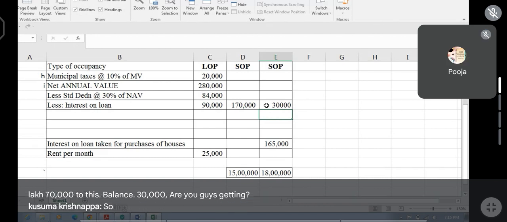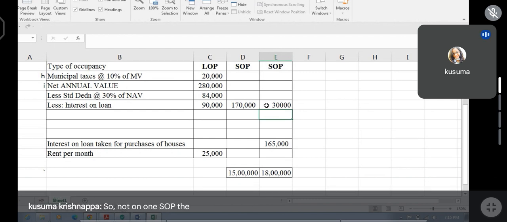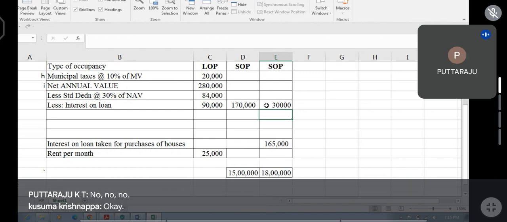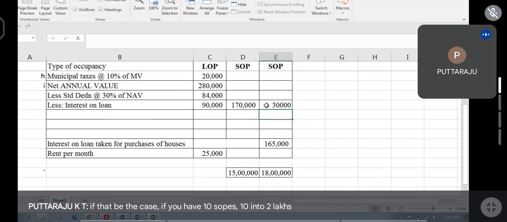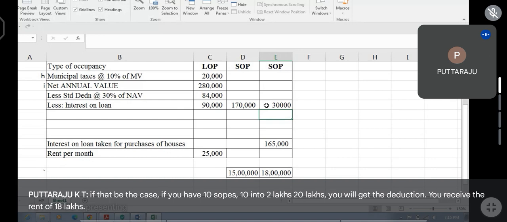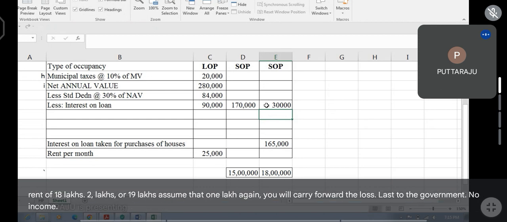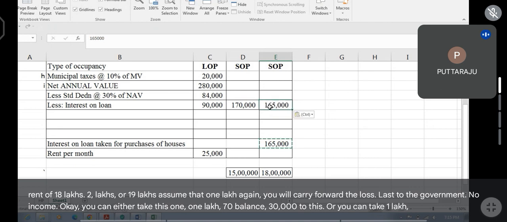So not on one SOP, the maximum deduction is 2 lakhs. If you have 10 SOPs, 10 into 2 lakhs, 20 lakhs, you will get the deduction. Even if you receive rent of 18 lakhs, 2 lakhs or 19 lakhs, assume that 1 lakh again you will carry forward the loss. Loss to the government, no income. Okay, you can either take 1,70,000 to this, balance 30,000 to this, or you can take 1,60,000 to this, 35,000 to this. You can do it any way.